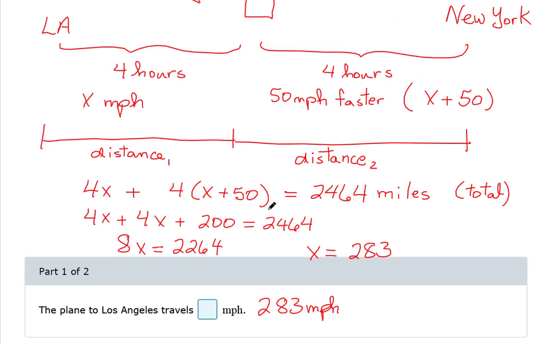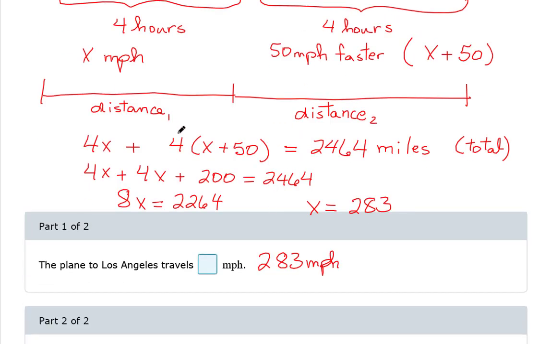So we simply distribute 4 times x, 4 times 50, and I get 4x plus 200 is that number. So 8x is that number, and now I simply divide both sides by 8.